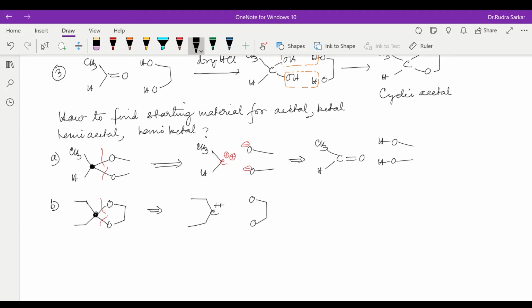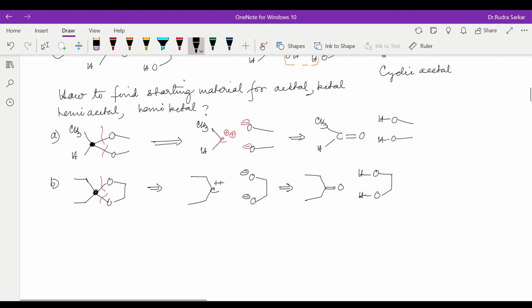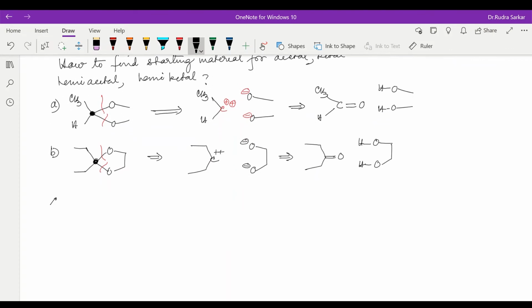Over the oxygens you place negative charge. As I have mentioned, make a double bond O where you have positive charge, and for the oxygen, to neutralize the oxygen, just add a proton. So that is going to be your starting material. Let's go for a few that are a little tougher.